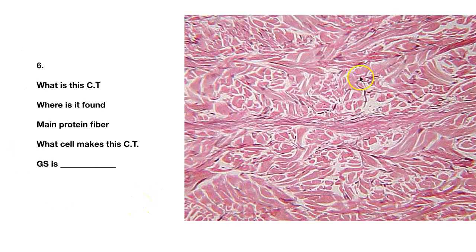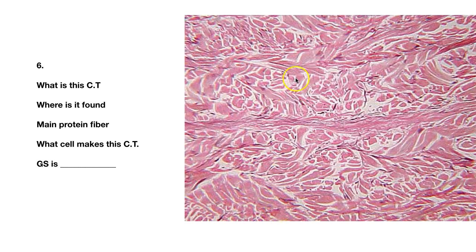You look at this. What is this connective tissue? This is dense, irregular connective tissue. This is collagen protein fibers arranged in all different directions in a dense pattern. This is dense collagen running in all different directions. Where is this found?